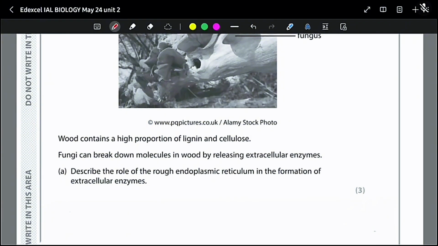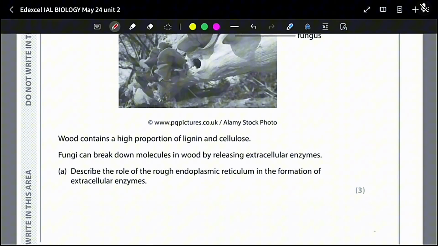So we know the rough endoplasmic reticulum is where translation occurs, and the ribosomes join the amino acids and form peptide bonds. By forming peptide bonds, they form a polypeptide from amino acids, and this will form the secondary structure, which is the alpha helix and the beta pleated sheets, and the tertiary structure, the 3D shape.